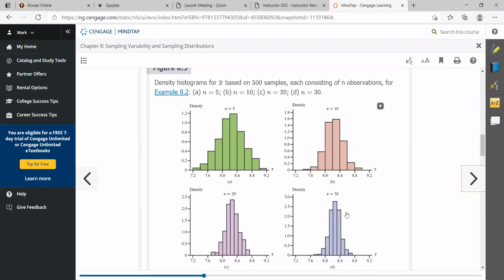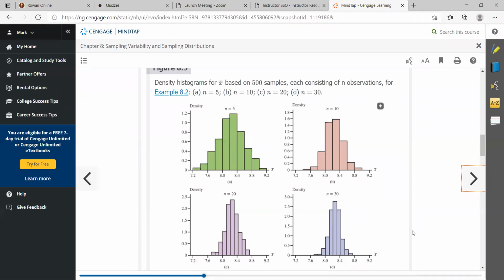Is that really clear the way I'm talking here? Each of these 4 histograms refers to 500 samples, and each of those 500 samples has a particular sample size: 5 for this one, 10 for this one, 20 for this one, 30 for this one.